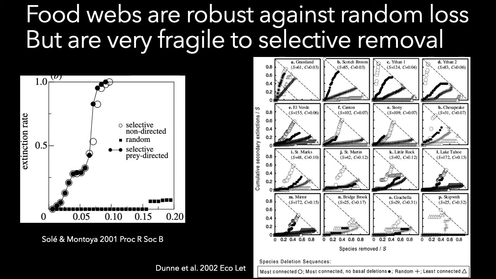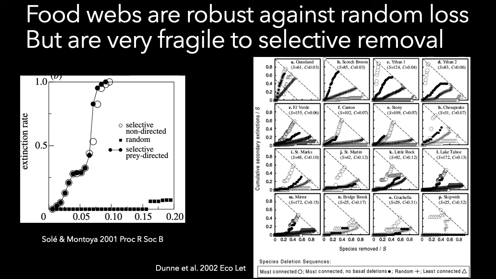Three types of primary extinction were used: a selective non-directed one, as indicated by white circles, a random one just picking species by chance, and a selective, a targeted extinction where both prey were addressed.